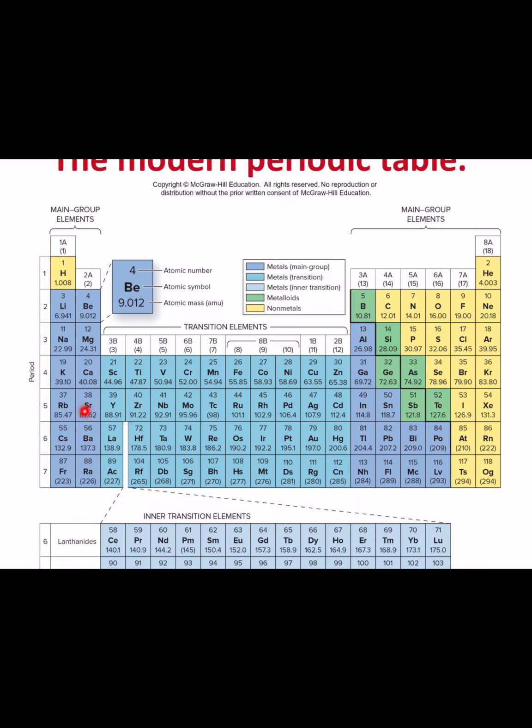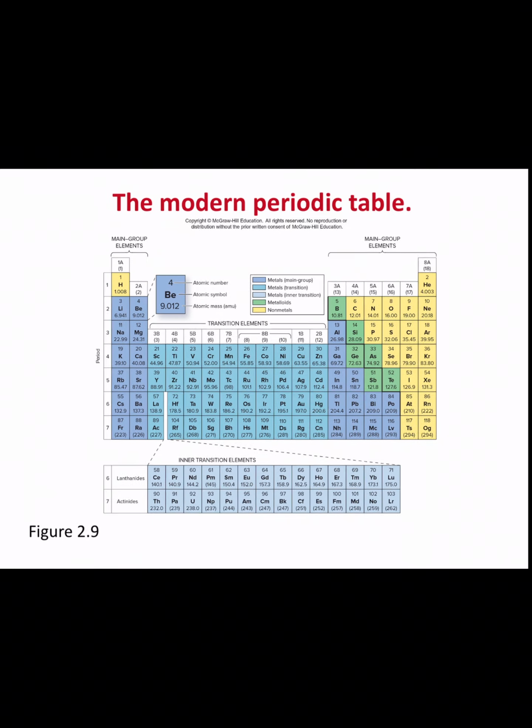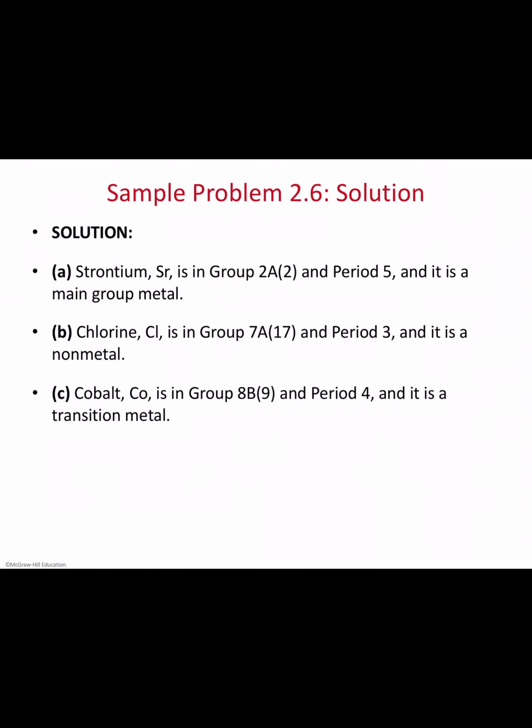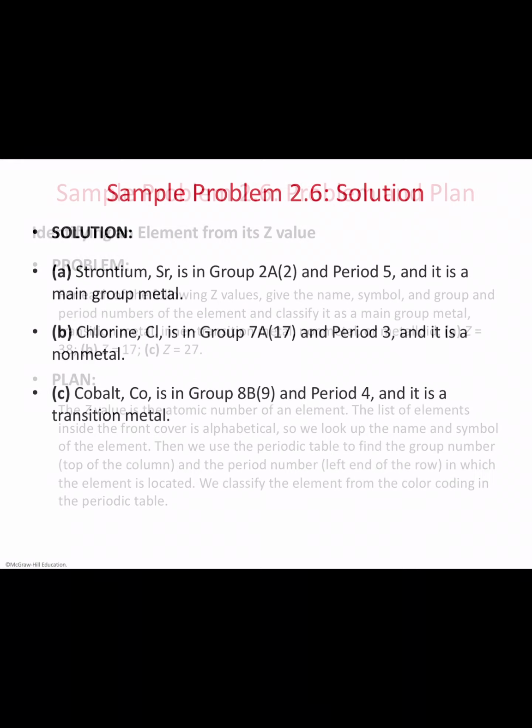And strontium is in which period? It's in period 5. And which group? It's in group 2A. So strontium is in group 2A in the periodic table, period 5, and it's a main group metal.